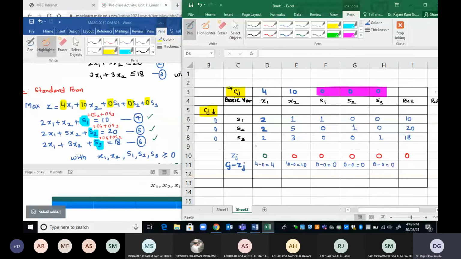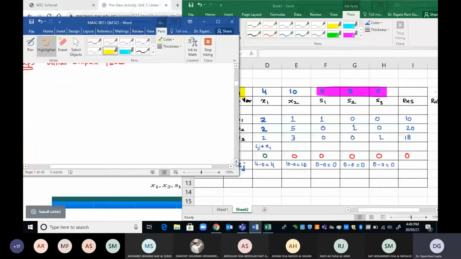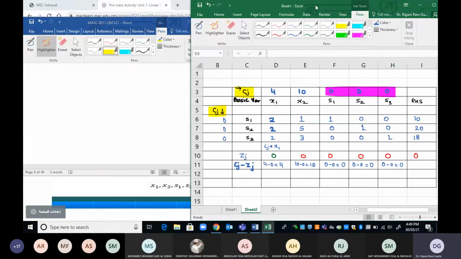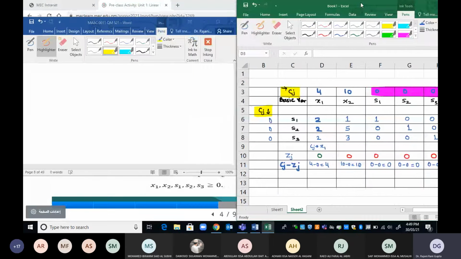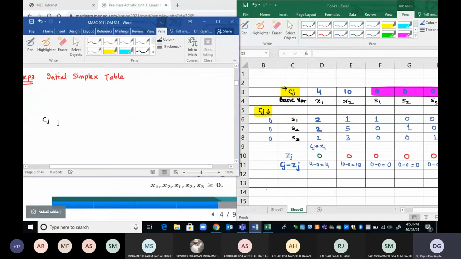So let me write somewhere here: Cj multiplied with x1.